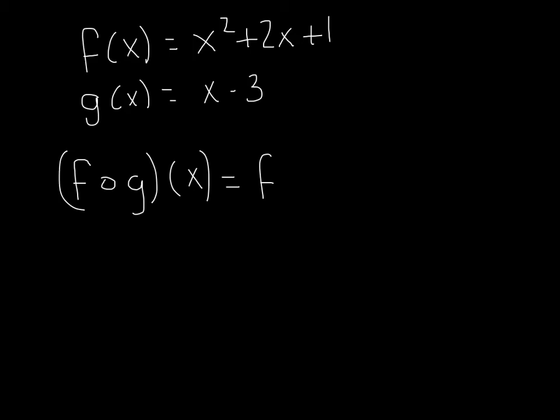So we can write that as g of x being plugged into f. So we're going to take this function right here and we're going to plug it in to f right here and here.